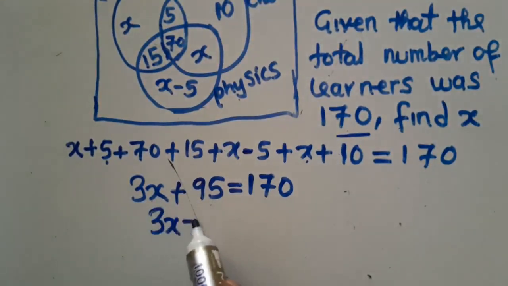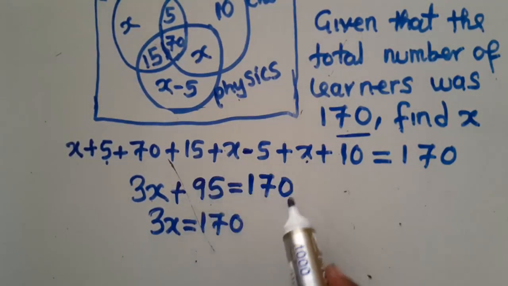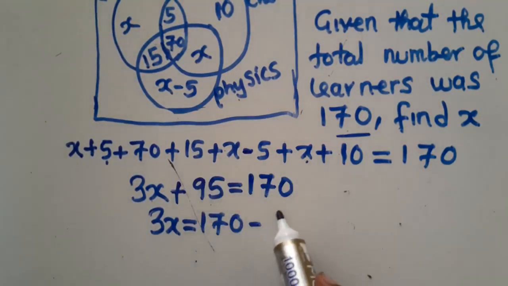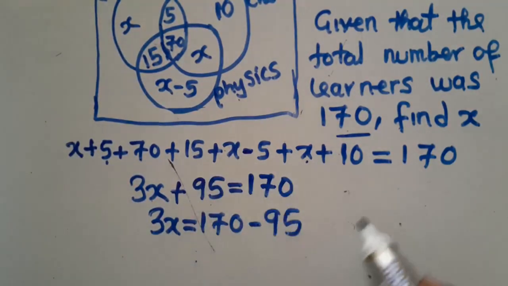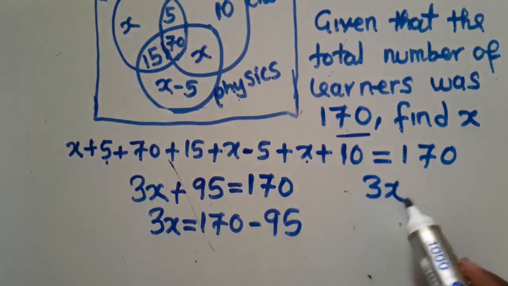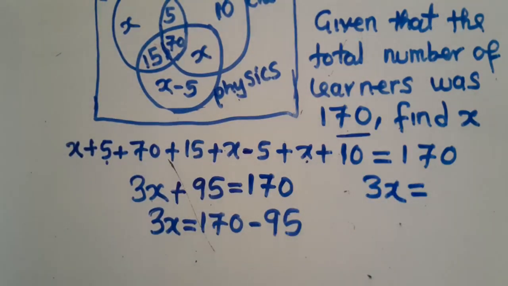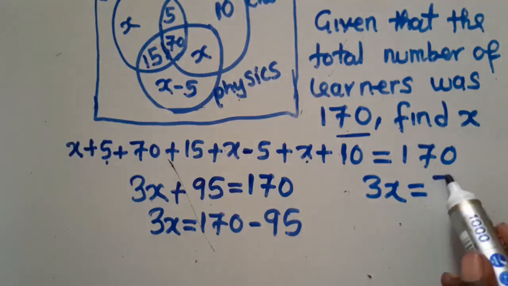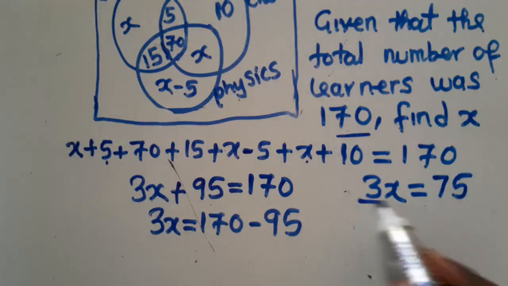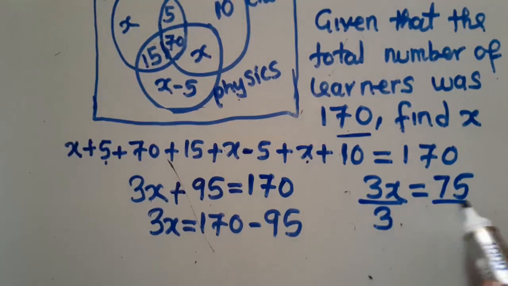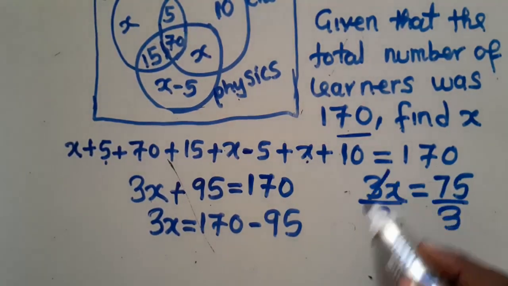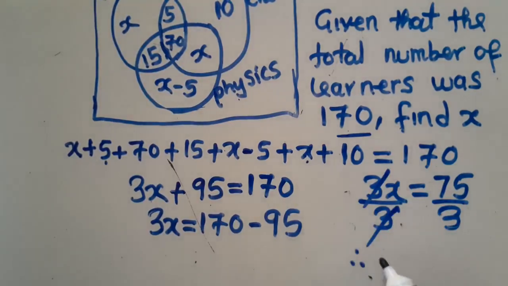So you say 3x is equal to 170. When this one goes to the other side, the sign will change, so minus 95. What answer are you getting if you subtract there? You're getting 75. Divide both sides by 3. The 3 cancels. Therefore, x is equal to what?